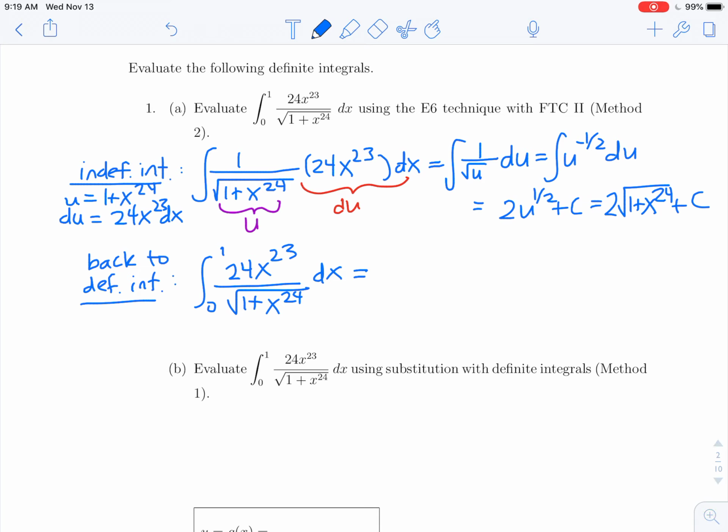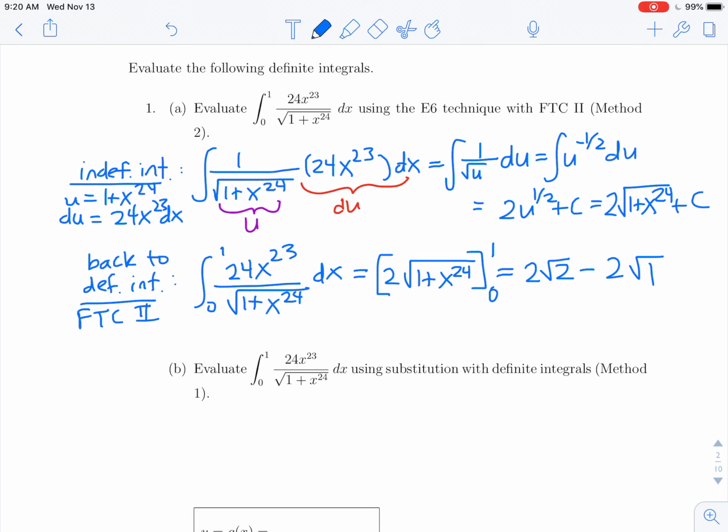So according to the fundamental theorem of calculus, part 2, once we have that antiderivative, we can use it to do this definite integral. So 2 square root of 1 plus x to the 24th, evaluated at 1 and evaluated at 0, and subtract. So I get 2 root 2 minus 2 root 1, when I plug in 1, then plug in 0.